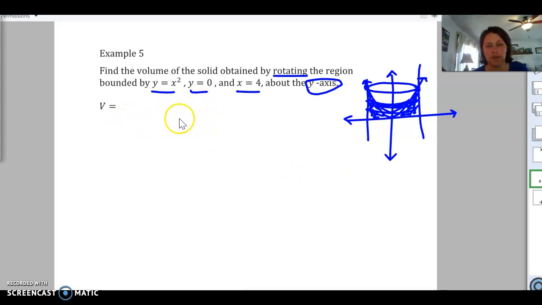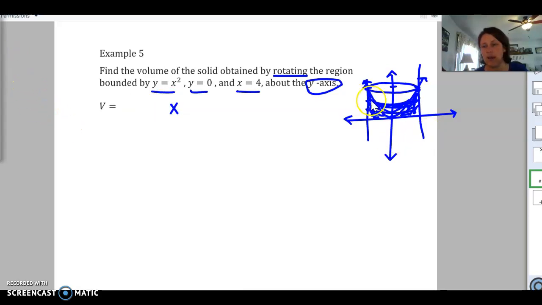So a couple of different things that we need to do. First thing that we need to do is we need to know what our limits of integration are. So we are going to integrate from 0 to this top number up here. Well, that's going to be where these 2 equations meet. But to be able to do that, we also need to know what our 2 equations are, because we are rotating around the y-axis.